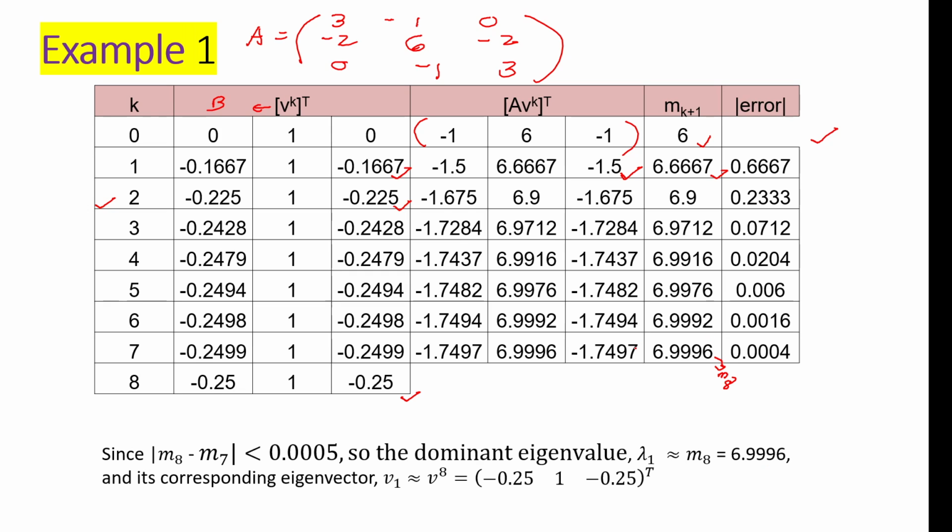The dominant eigenvalue lambda 1 will be the last MK plus 1, and its corresponding eigenvector will be the last one. Make sure this is M8, so this must be V number 8. So it's negative 0.251, negative 0.25.